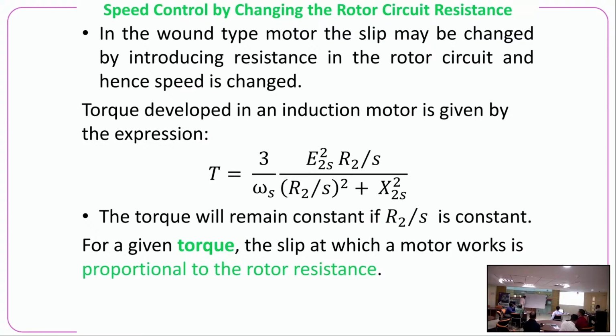This is the synchronous speed because slip is 0. So you get 1000 points and you draw a graph, and you will get a characteristic like this. On which condition it will occur, I will come to it later.